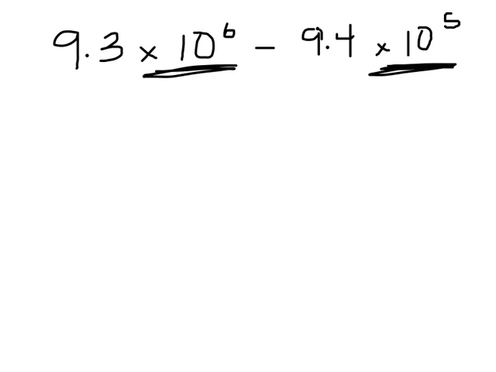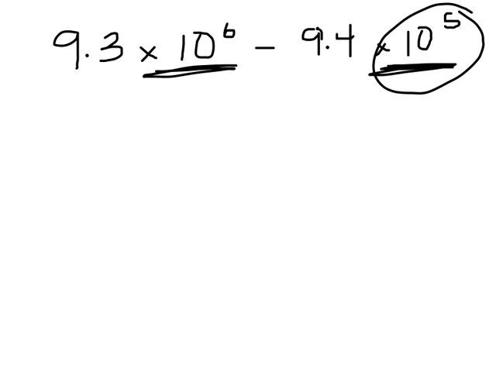So what that means is to get these values equal, I need to move a decimal. I need for there to be 6 numbers to the right of each decimal value. I'm going to look at my smaller number here, which would be 9.4 times 10 to the 5th.